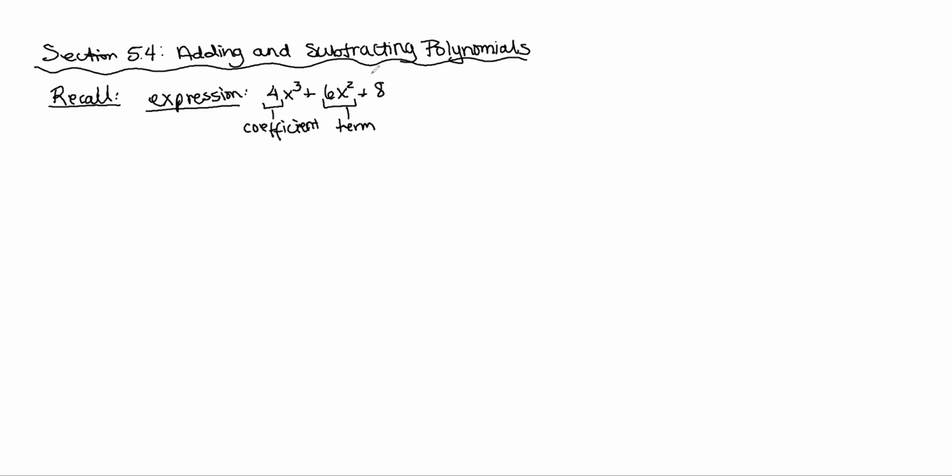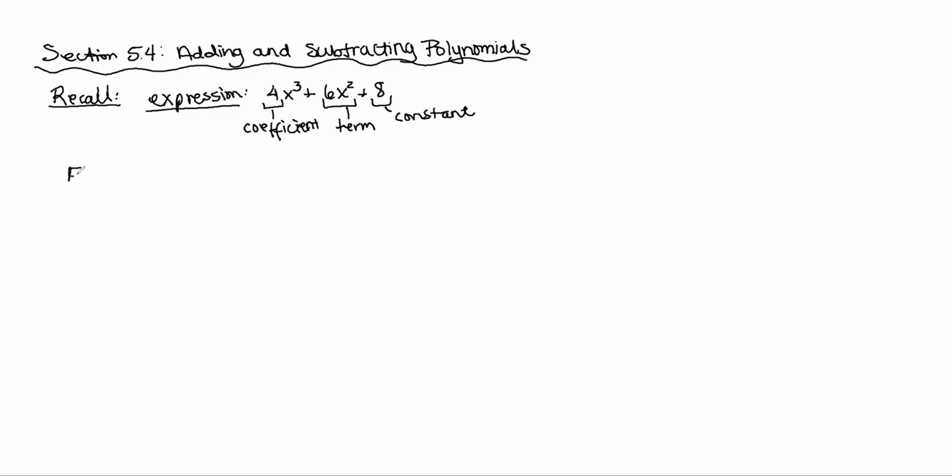So we have 3 terms here. And as long as there's multiplication and division within that term, that's fine. It's still a single term. It's not until you introduce addition and subtraction that you have separate terms. And then this 8 here at the end is the constant. It's not changing. There's no variable attached to it.